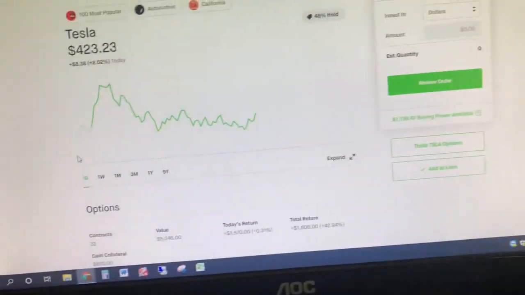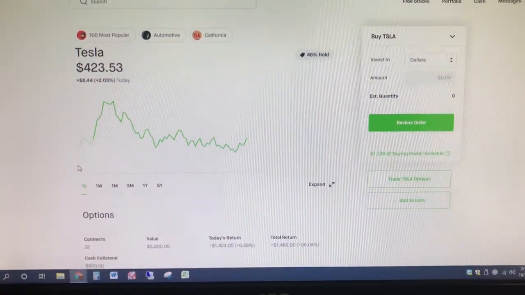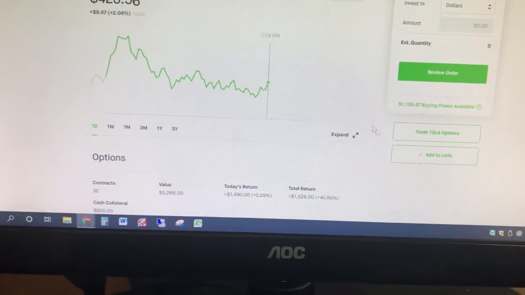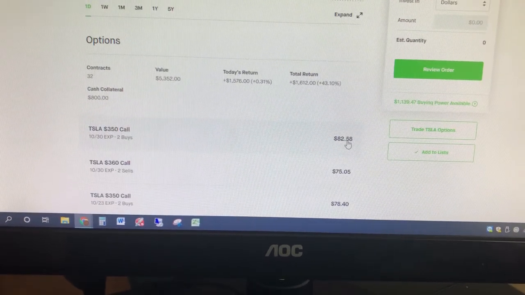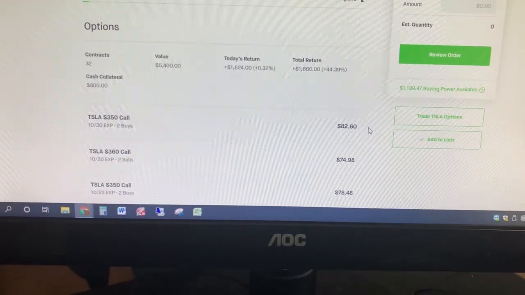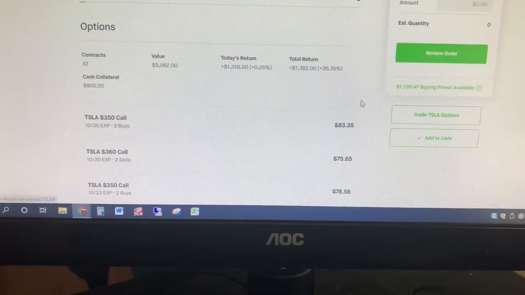So now let's go ahead and look at a spread, and I'm going to do one live here on camera. This is the Robinhood trading app, and hopefully it won't show anything it's not supposed to. I got like $1,000 not invested.